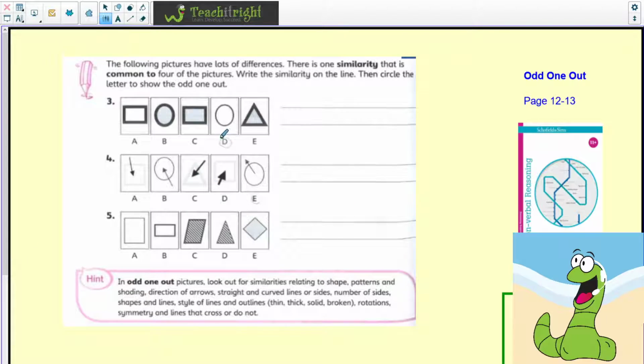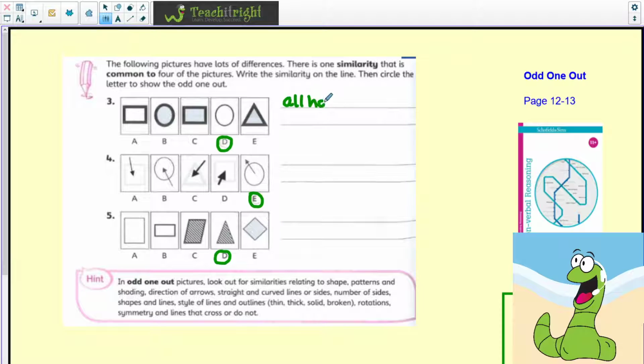Now we can see what the answers are. We've got D here, got E on that one, and then on question 5 we've got D as the odd one out. So let's first of all focus on question 3. And again, what we'd be asking you to do is write down here why those other 4 are the same. So if we look at question 3, they all have a thick black outline.